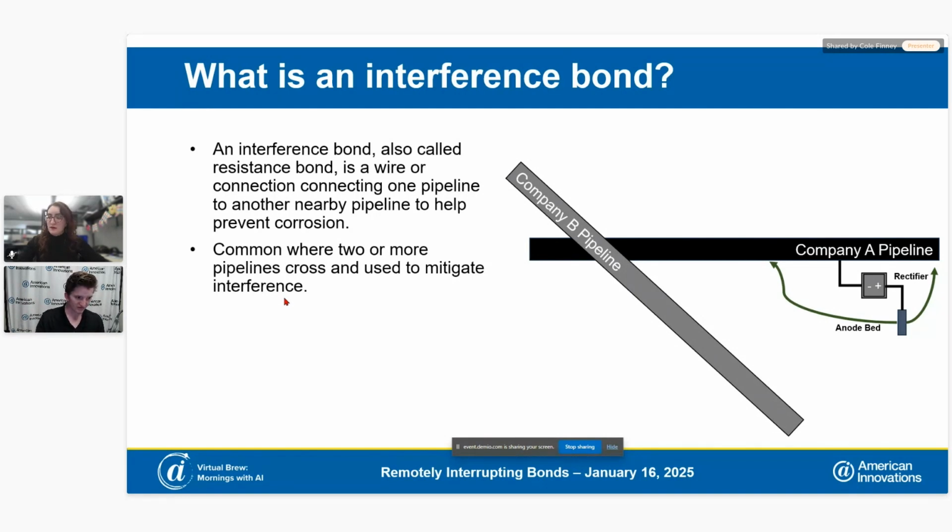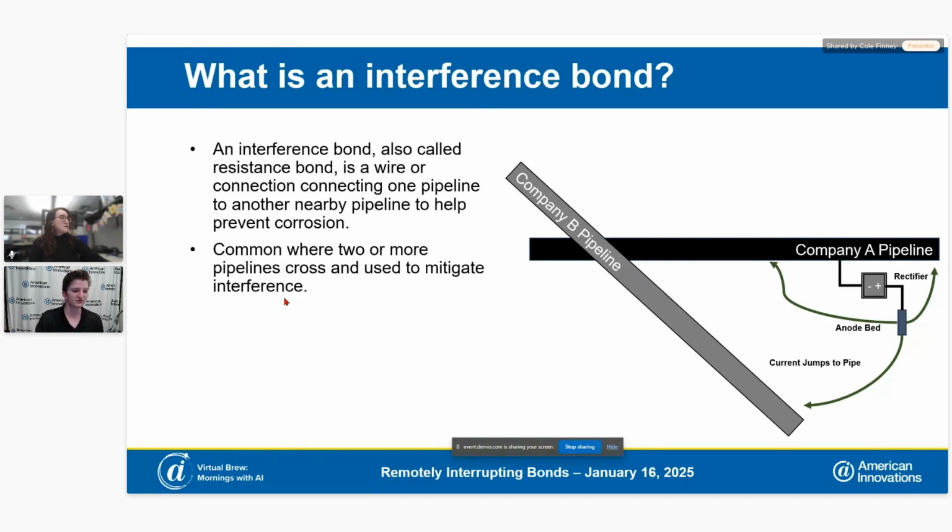But since there's a crossing, and in this scenario company B is not a protected pipeline, just for the sake of our scenario, sometimes, depending on the resistance of the soil around your pipeline and the different voltage potentials between these two pipes, the current from your CP system might think, oh, that other pipeline looks really appetizing, there's no resistance, I'm going to go that way.